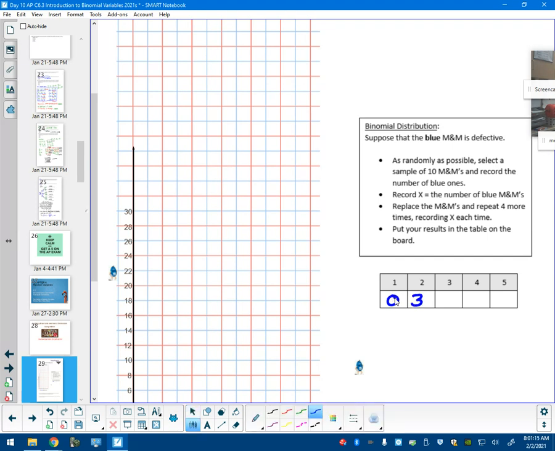Don't put anything on the graph yet. Just fill in this tiny little table about the M&M. Make sure you shake it up really good so you get a good random sample.